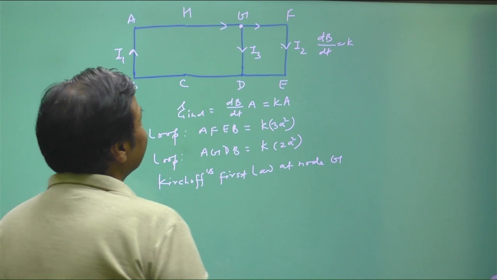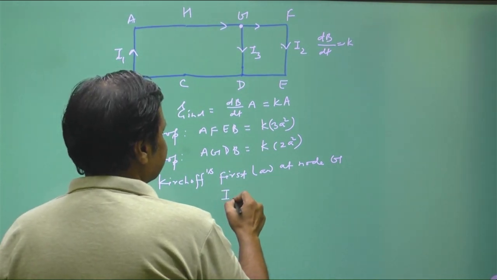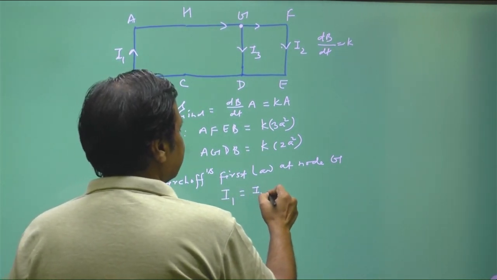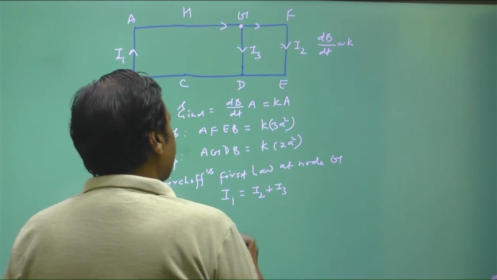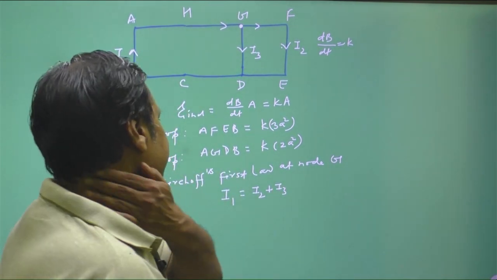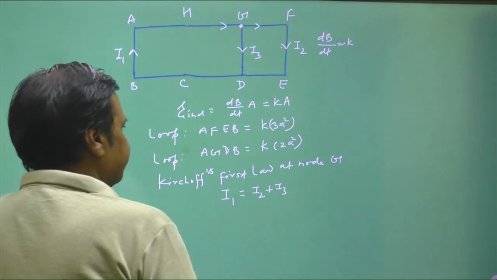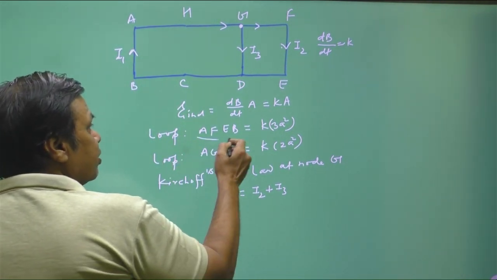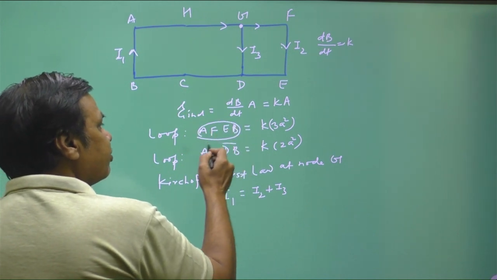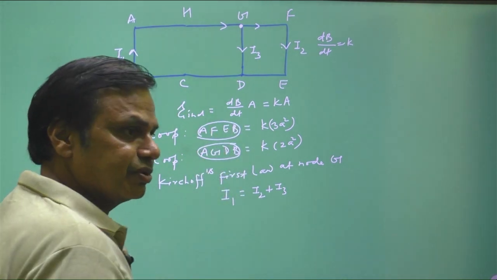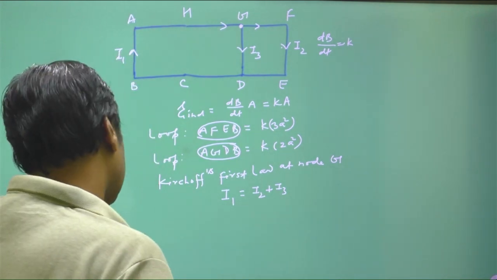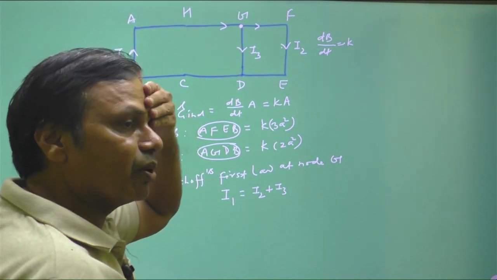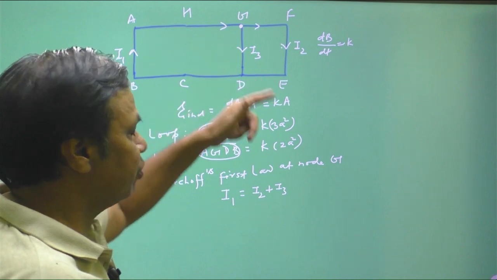And I can see here that I1 is equal to I2 plus I3. And then I'm going to use Kirchhoff's loop law, that is Kirchhoff's second law, for these two loops. Because I have the EMFs for them, there is nothing wrong in writing Kirchhoff's loop law for these two loops.